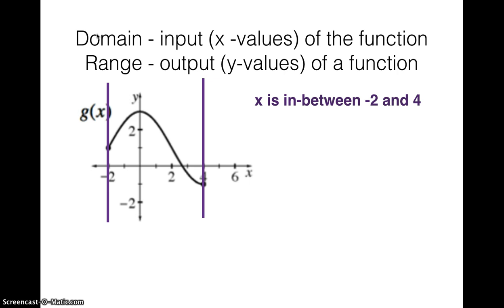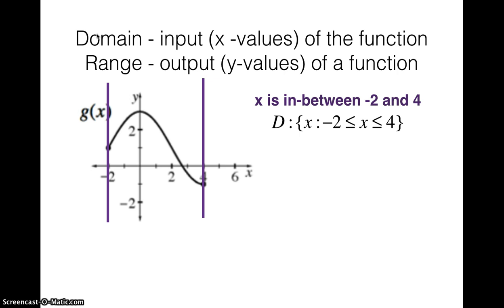The way we write this in mathematical notation is like this. D colon bracket x colon -2 is less than or equal to x, which is less than or equal to 4. So that's basically just fancy mathematical notation that's saying x is between -2 and +4.